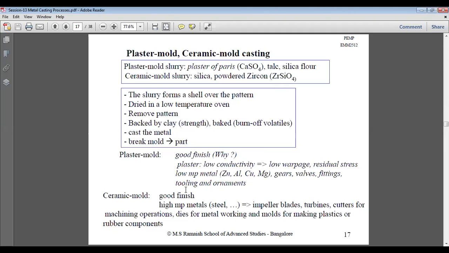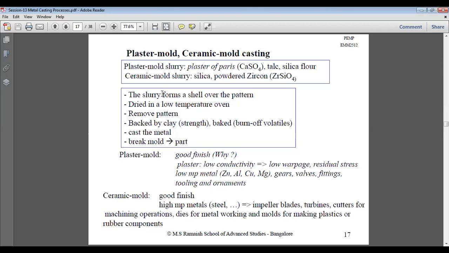Plaster mold and ceramic mold castings, as I told earlier, are good for surface finish. So we use them for impeller blades, turbines, cutters for machining operations, dies for metalworking, and molds for making plastic or rubber components.